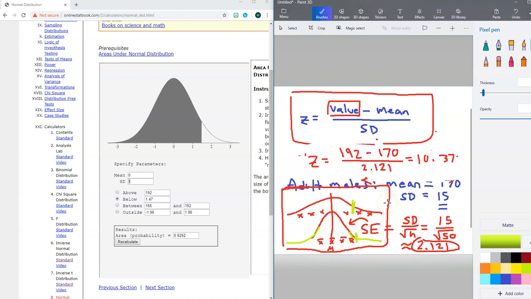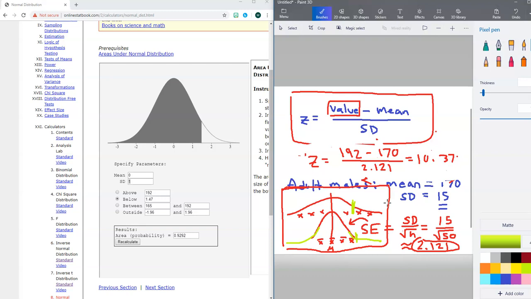Because when you get z-scores beyond -3 and 3, it means you're way out there on the tail. What that means is most means of samples of men would be much closer to the 170 than 192. So while 192 is not all that unusual for an individual male's weight, it would be unusual for the mean of an entire sample of men. It would be on the much higher side than we would expect.